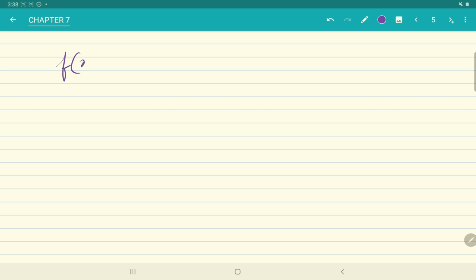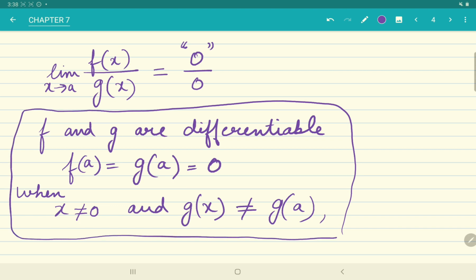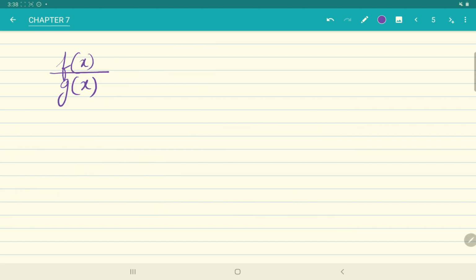So I start with f of x by g of x, and I keep this information in mind, that f and g are differentiable. Also f of a is equal to g of a is equal to 0. If I know this, then when x is not equal to a and g of x is not equal to g of a, I get this.